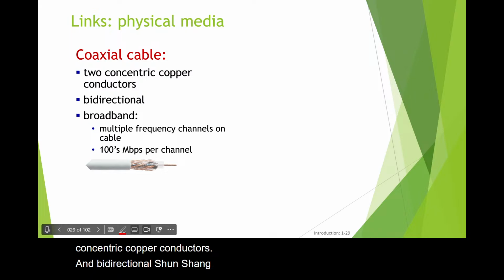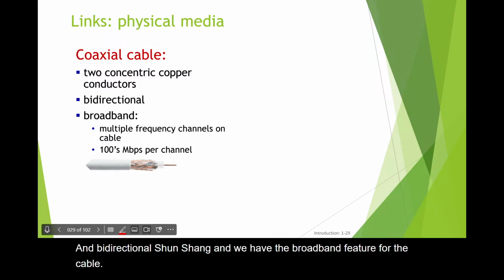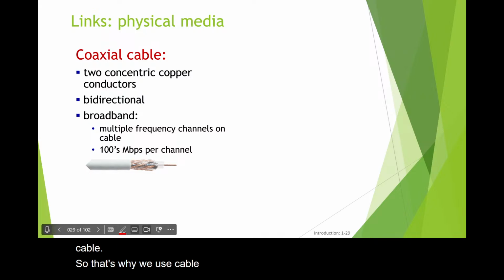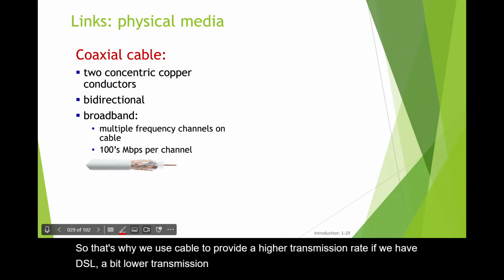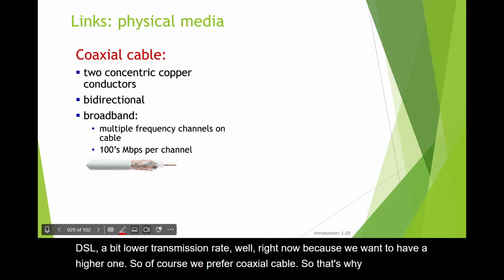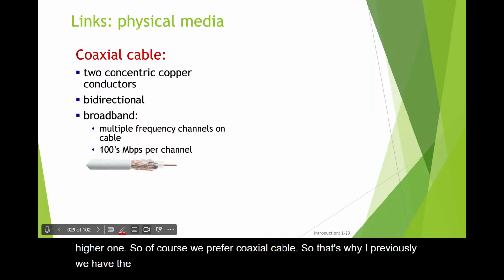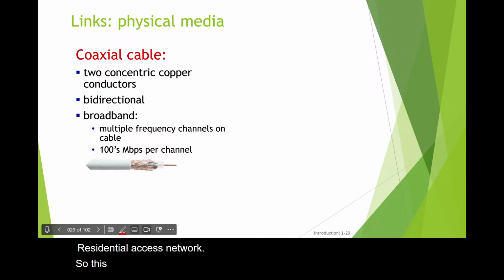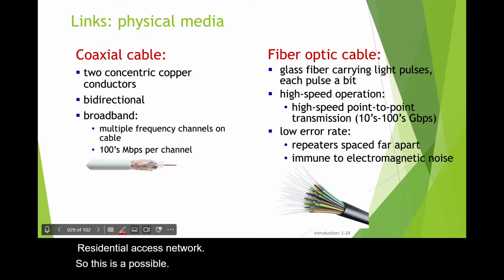And we have the broadband feature for the cable. That's why we use cable to provide a higher transmission rate. With DSL we have a bit lower transmission rate. Right now, because we want a higher one, of course we prefer coaxial cable. That's why previously we had cable as one possible residential access network.